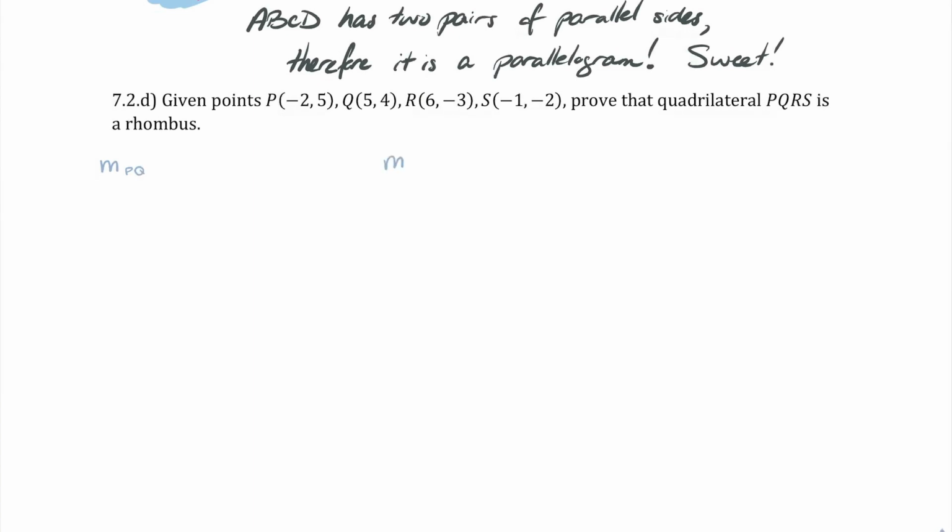Then we're going to take the slope of RS and the slope of QR and the slope of PS. And if we take a peek at all of these, we could actually figure out all of the slopes. And you know how to do that already.